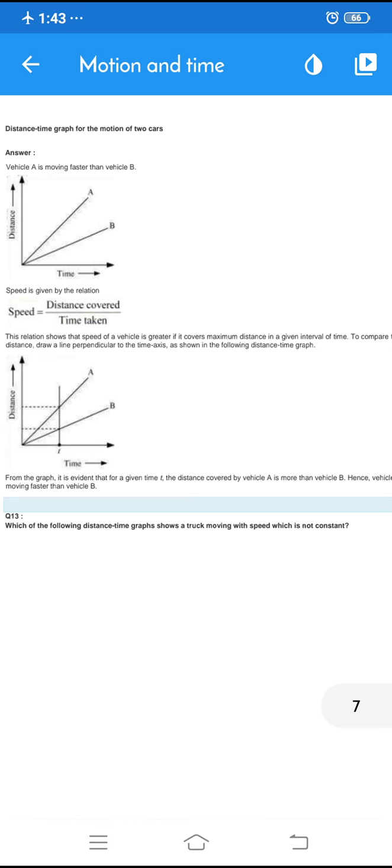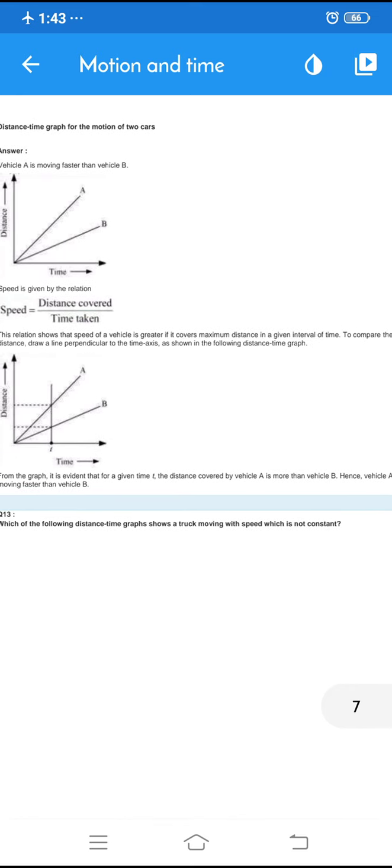This relation shows that the speed of any vehicle is greater if it covers more distance in a given interval of time. If the same time is given for both vehicles and the distance covered is greater, then that vehicle travels with the greater speed.